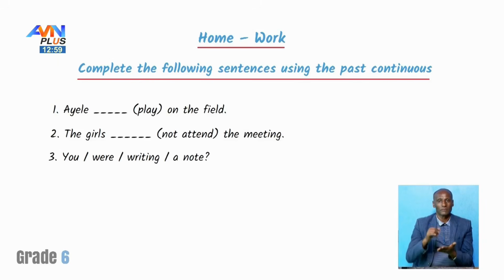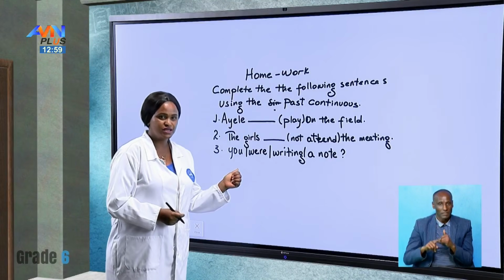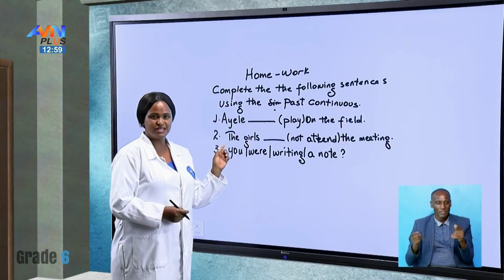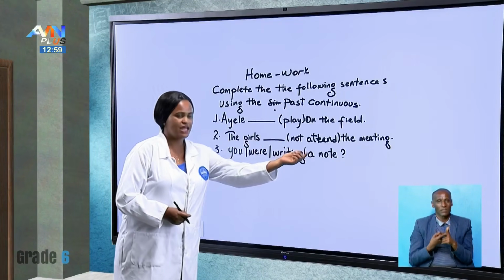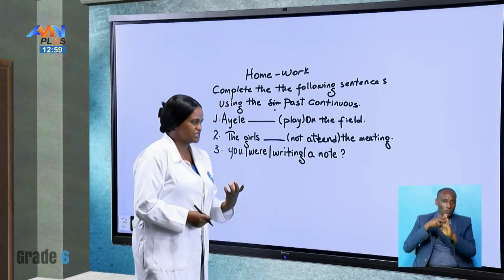You were writing a note. Then question mark. That means the last sentence, you're going to make it what? Yes, interrogative sentence. The second one, it is what? Yeah, it is a negative sentence. And the first one is positive or affirmative sentence.